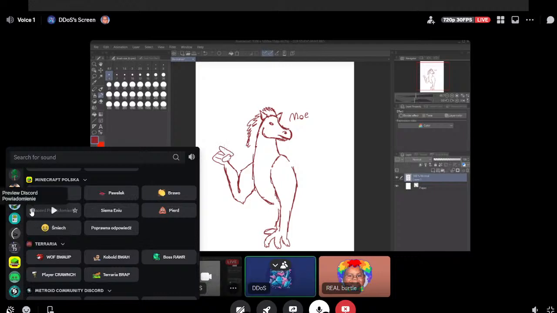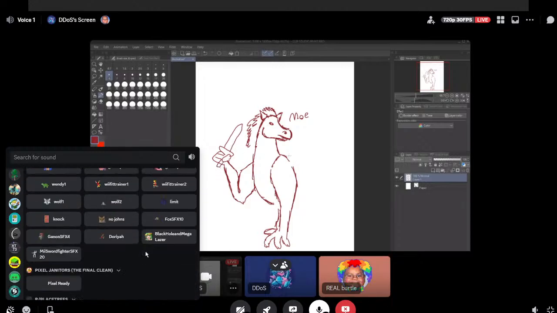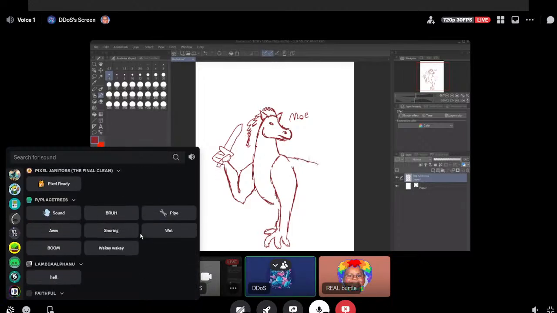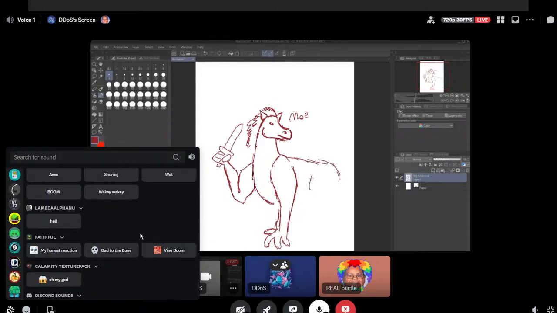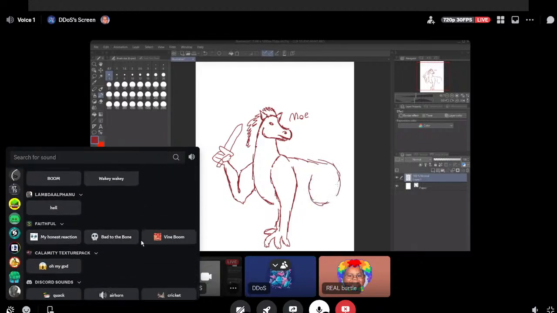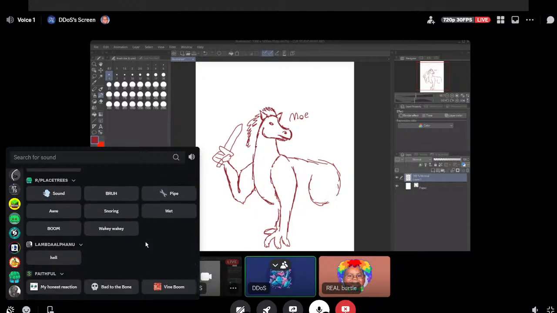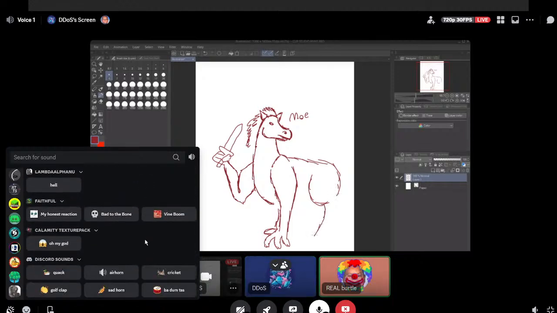His sword, because he's ready for battle. I don't want to draw his other leg. So he's like a reverse centaur. And then instead of a tail, he's got two bat wings on the back.